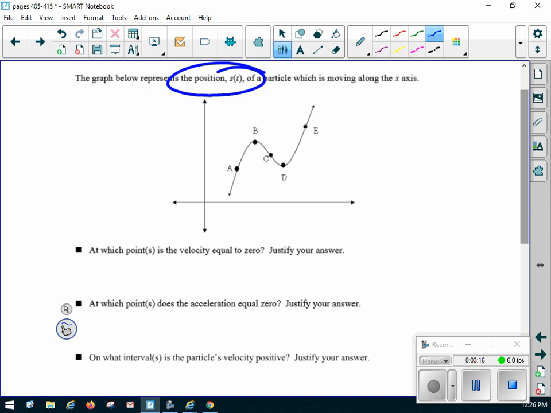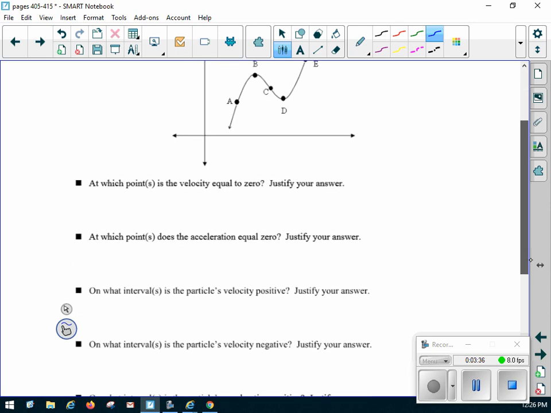At which points is the velocity equal to 0? Now remember, this is position. Why B and D? Because they are relative extrema, aren't they? What happens to the position at those relative extrema? Changes direction, right. So here's what we know.